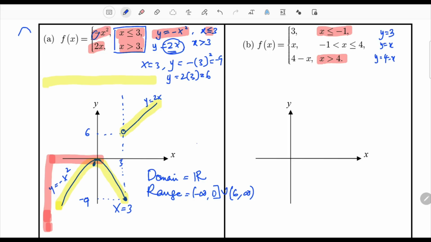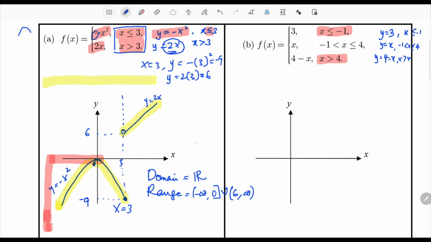So there are 3 graphs. Okay, so this is when x is less than or equal to negative 1. So this is when x is in between negative 1 and 4. You have the equal sign at 4. Let's write it nicely. Okay, when x is greater than 4.